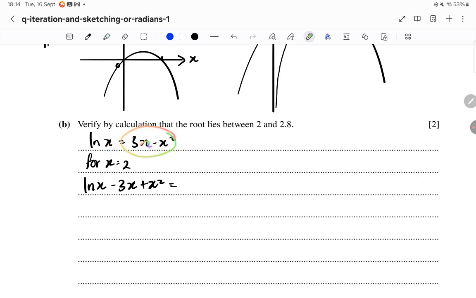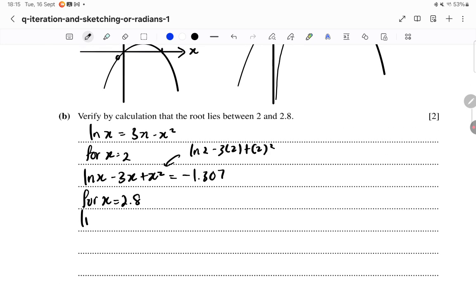So just try to stick to that. So for x equal to 2, ln 2 minus 3(2) plus 2 squared. So we're getting about negative 1.307. And for x equal to 2.8, oh, by the way, don't forget to show that you're subbing the values in.